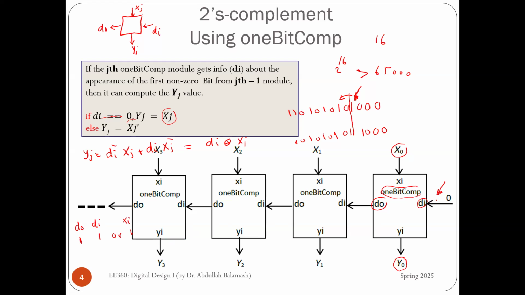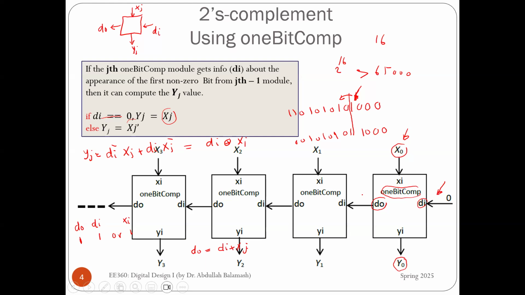So if it's already known from the previous stages that the first non-zero already appeared, that means DO will be 1, and the same information will be conveyed to the next stage. Or if XI is 1, that means the first non-zero appeared here. So this is an OR operation, and it can be just directly DO equal DI or XI.